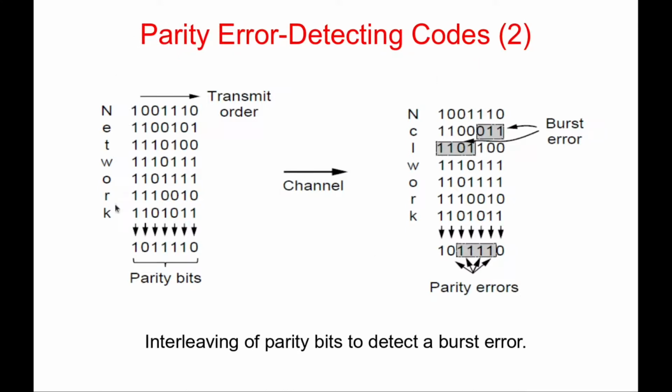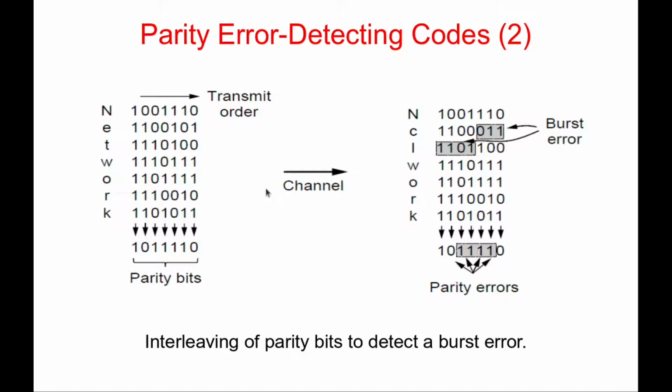Let us say, for example, we'll consider this particular thing. Now a block of data is to be transmitted. We will divide that into some rows and columns. So for example, there are n rows and k columns. So here, obviously we have seen previously that one single row was being transmitted.